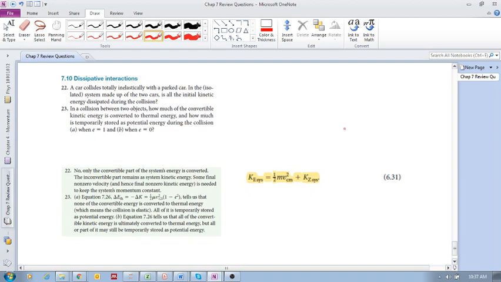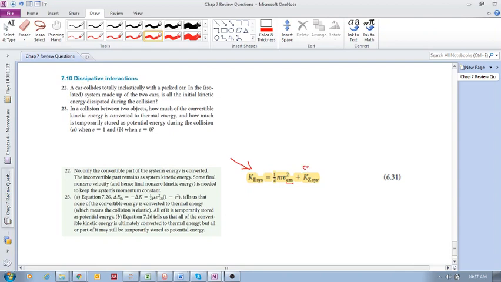Well, remember this from Chapter 6. Remember that the total kinetic energy of the system is made up of two components. It's made up of the system kinetic energy, which is the kinetic energy of the center of mass. I can't go into teaching this all over again, so make sure that you understand this. And it's got this other component, which is in another equation.